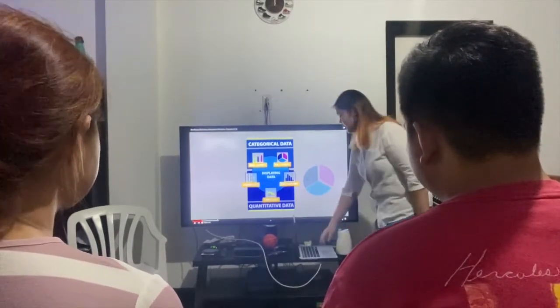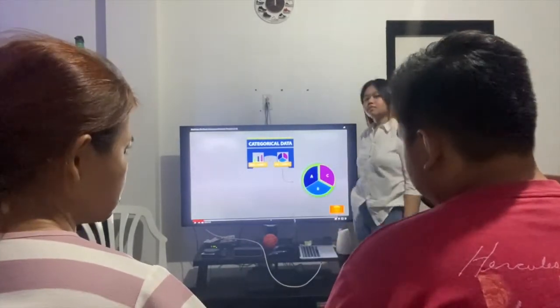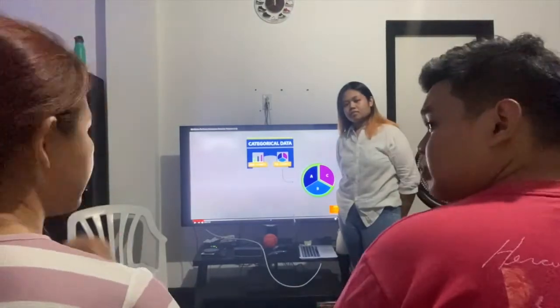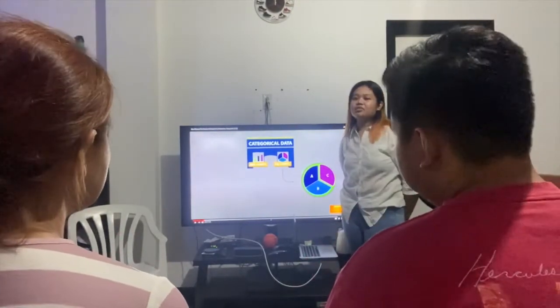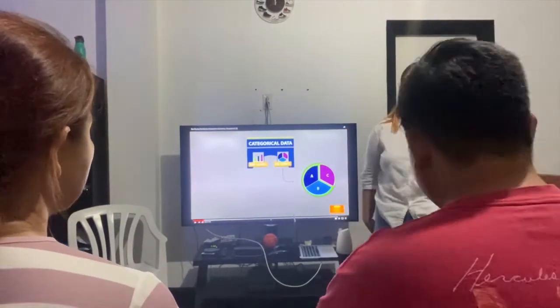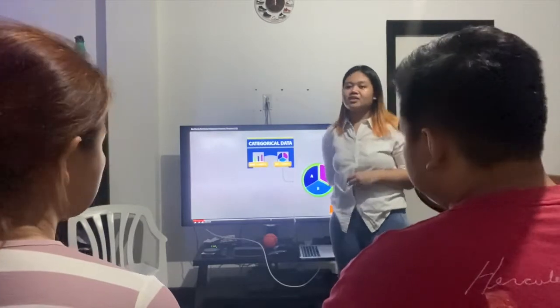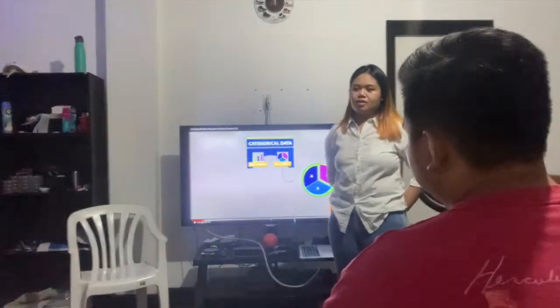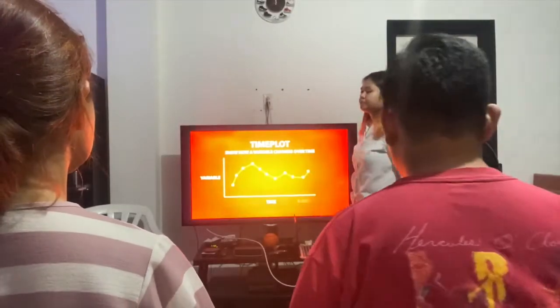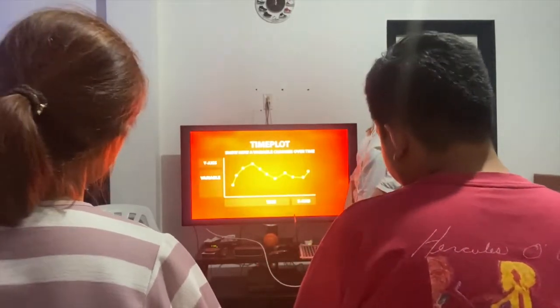Okay. Pie charts show the relative size of each value. By convention, time is always plotted on the x-axis, and the values of a variable are always plotted on the y-axis.